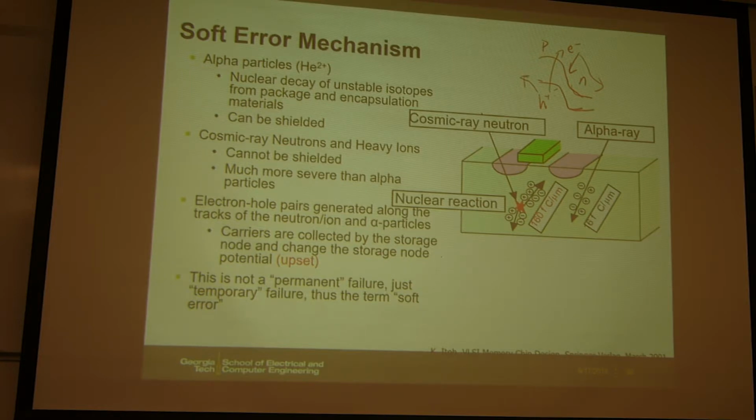So how often does this kind of error happen? It's like when you take your cell phone outside and expose it to the sun, it will happen? Yeah, it will happen. So how often, there's a flux. I don't recall the number.